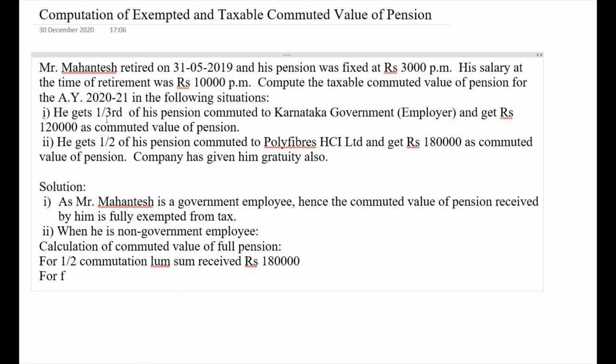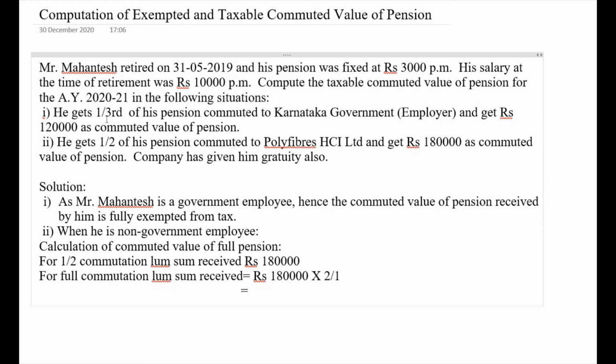So for full commutation, lump sum received equals rupees 1,80,000 into 2 by 1, that's equal to rupees 3,60,000 here.